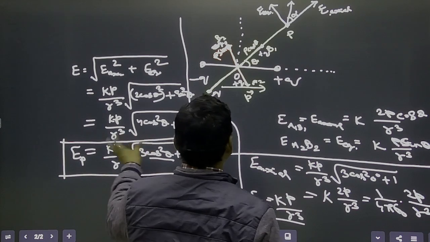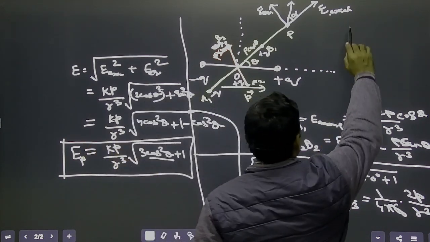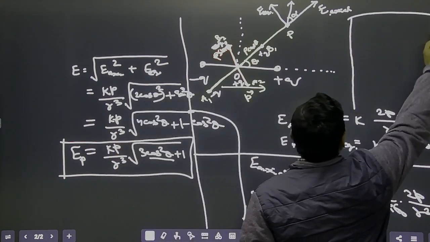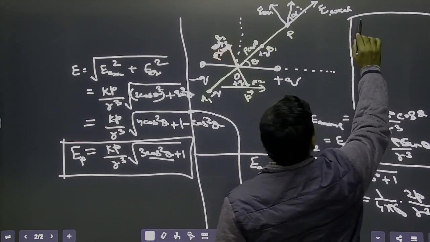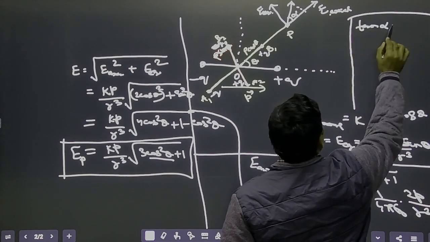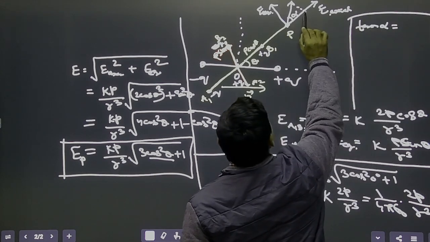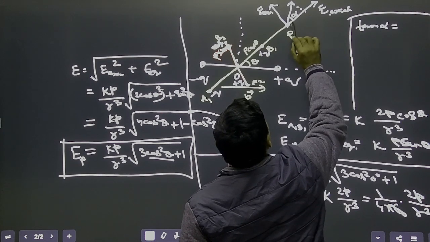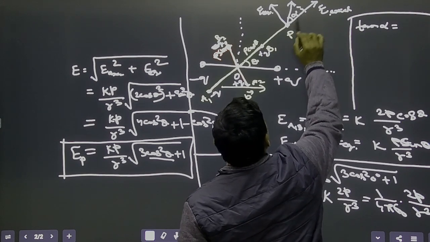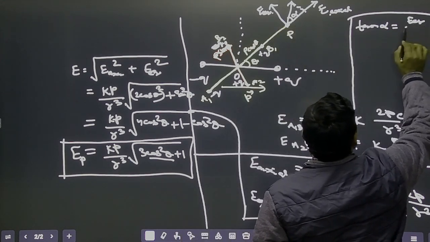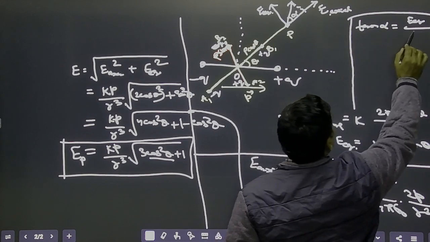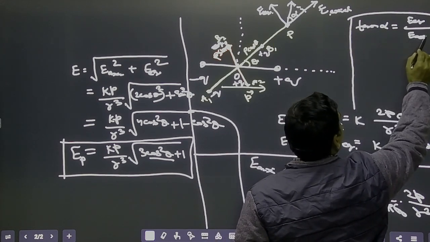Suppose we want to find out the direction. Then what will be the direction? In this case, if you are taking tan alpha, so this tan alpha will be equal to the perpendicular upon base. So this is your E equatorial upon E axial from this expression.